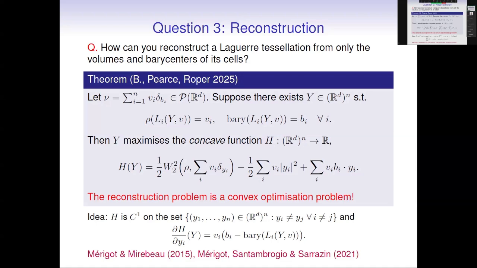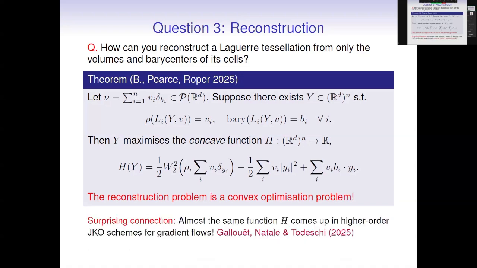Actually, it comes up in gradient flows and JKO schemes. So that's a connection which helps to solve the existence problem. But it's right, in entropic transport you'd have a Wasserstein term and then another term penalising the marginal discrepancy. But here it's fully balanced transport. Still, there is a connection.